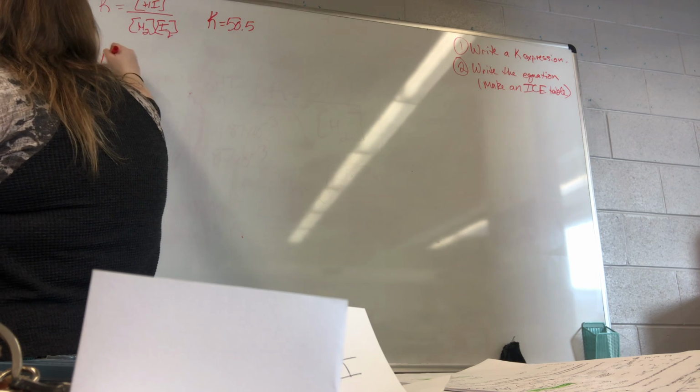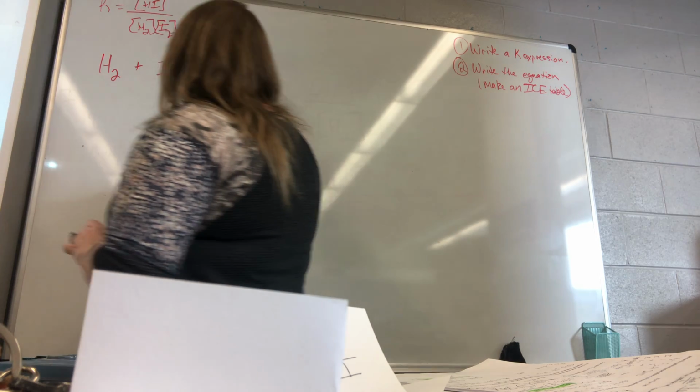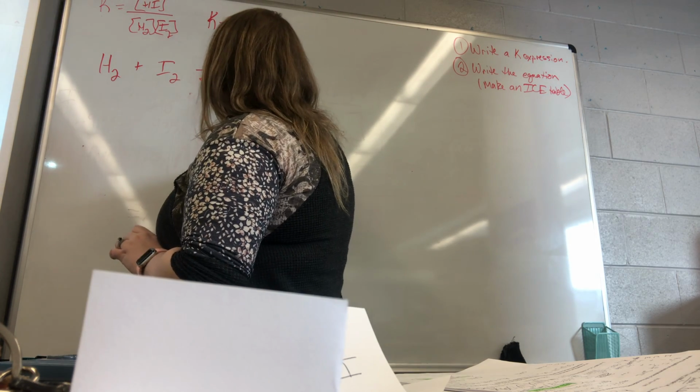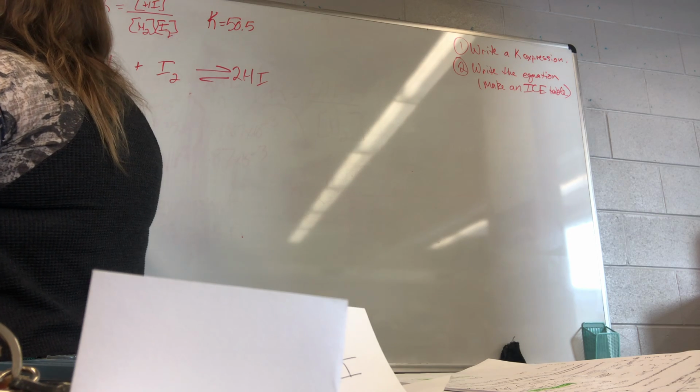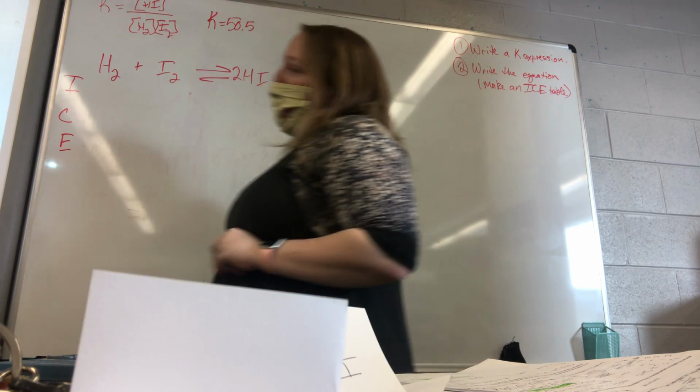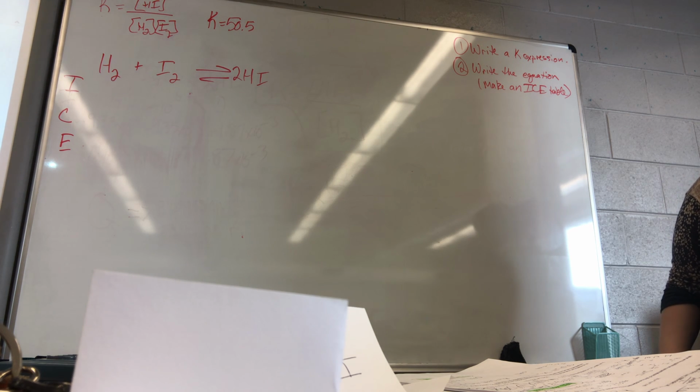I like to make my ICE tables underneath the equations that I write. And you'll see why. And then we are going to look for information to add to the ICE table.